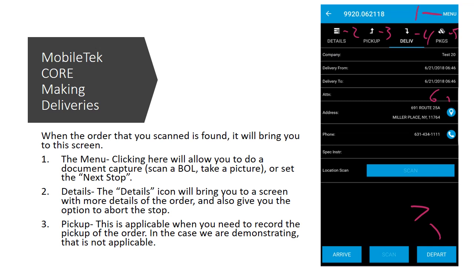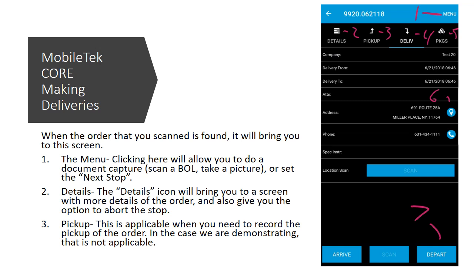Details will let you see further detail on the order, such as package weights, dimensions, COD info, etc. Pickup is where you would scan a package upon pickup. This is not applicable to most of our orders, as we do not do many direct pickup to delivery jobs.